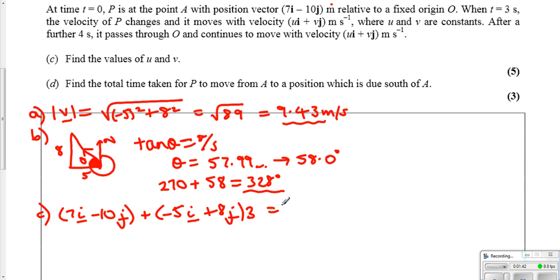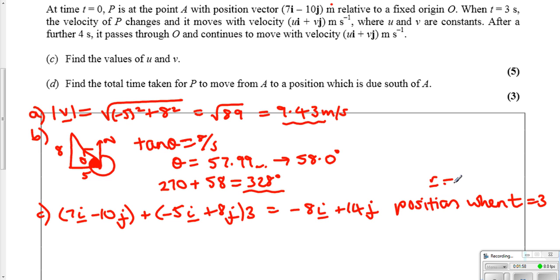So if we work that out and count the number of i's and j's, it works out to be minus 8i plus 14j, and that's the position when t equals 3. So remember, we're using that formula, R0 plus V times T.